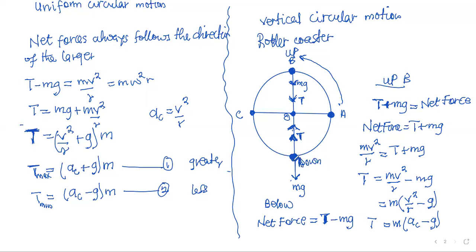Maximum tension occurs down, whereas minimum tension occurs up the circle. So T maximum would occur below, whereas T minimum would occur above. Please take note of this very important concept.